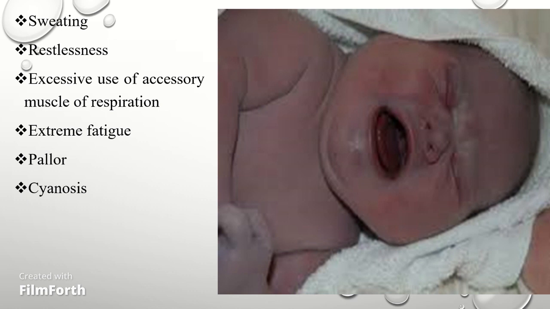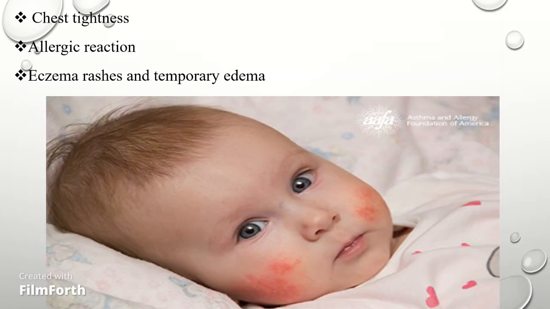There will be use of excessive accessory muscles of respiration due to difficulty in breathing, as well as extreme fatigue in the baby, as well as pallor, cyanosis, chest tightness, allergic reaction, eczema rashes, and temporary edema. So these are the signs and symptoms present in the patient or baby due to bronchial asthma.